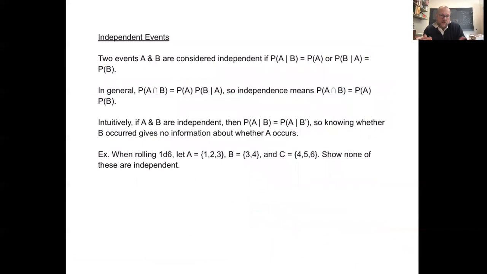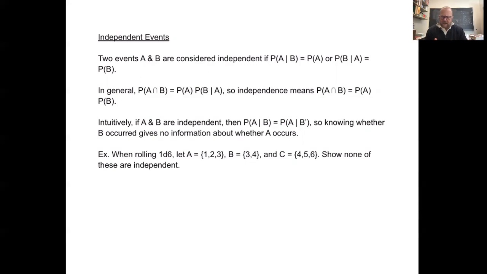But for now, the independent portion of it is just about the two events A and B. If two events are independent, then having information about one of them doesn't actually give you any information about the other one, okay? But if they are dependent, it means that you've got something that's a little bit more likely or a little bit less likely, depending on whether it happened.